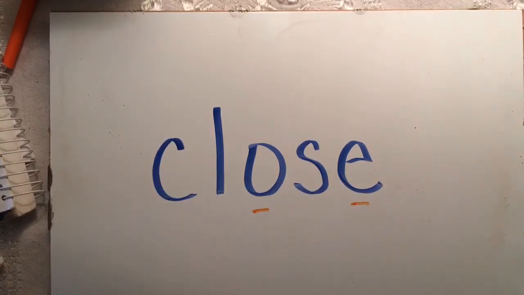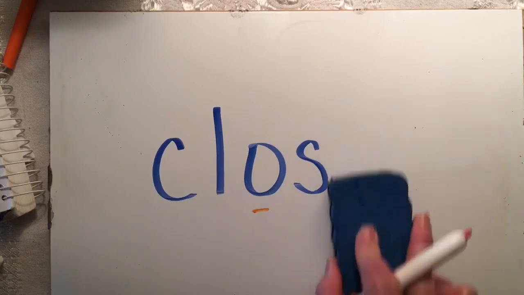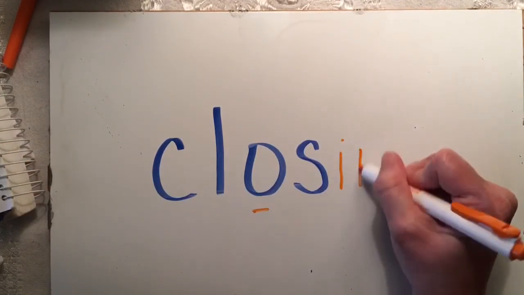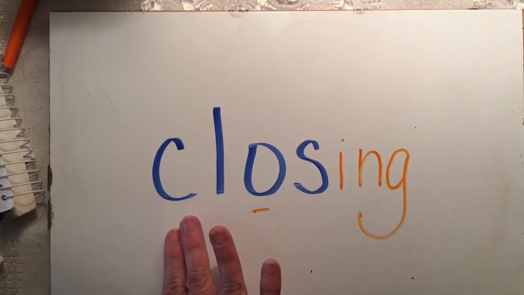Now I'm going to combine the beginning onto the end. I know CL makes the cl sound. Cl. O's. Close. Now I want to do the same thing that I did before. I want to make this an ing word. I erase my E. I add my ing ending. And now the word becomes closing.